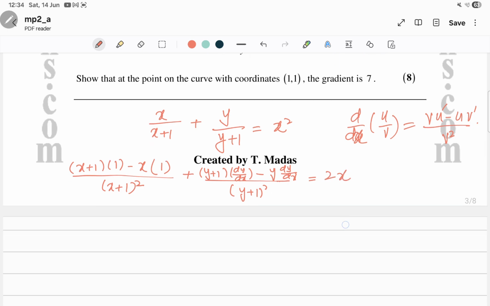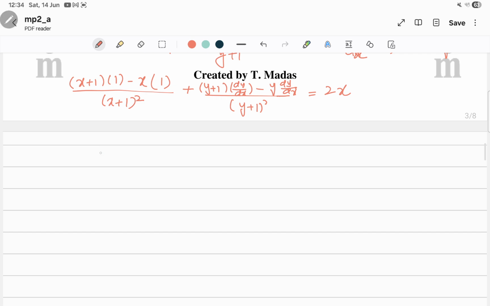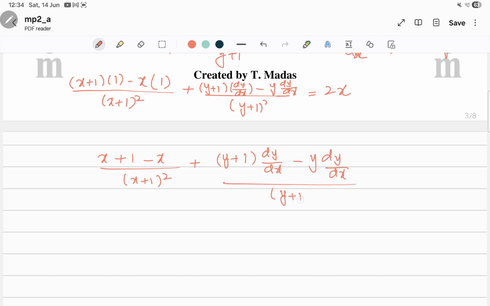So if you simplify this, it will be x plus 1 minus x over x plus 1 whole square, plus y plus 1 dy over dx minus y dy over dx over y plus 1 whole square equals 2x.